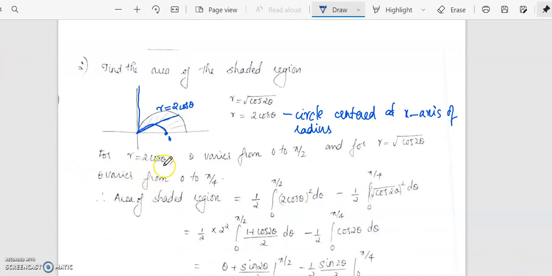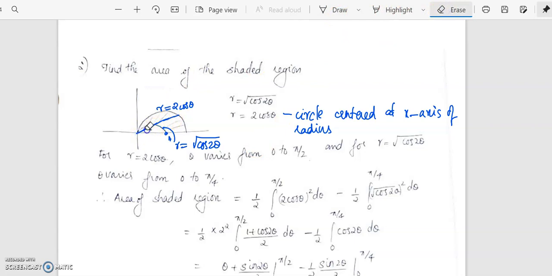So this is going to be the curve r equal to root of cos 2 theta. For r equal to 2 cos theta, you can see that theta will vary from 0 to pi by 2. Similarly, for r equal to root cos 2 theta, theta will vary from 0 to pi by 4. Okay.